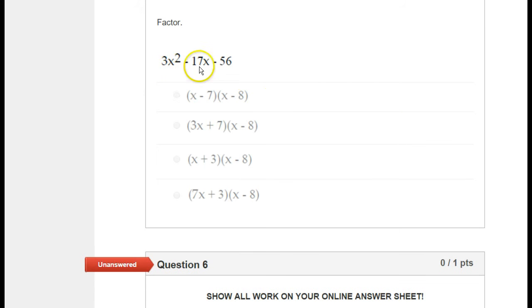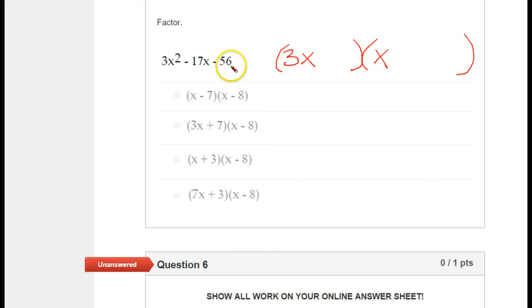Here they're asking us to factor this. Is there a greatest common factor? No. So we're just going to put two sets of parentheses. Now, since our a term is prime, that makes it a little easier.